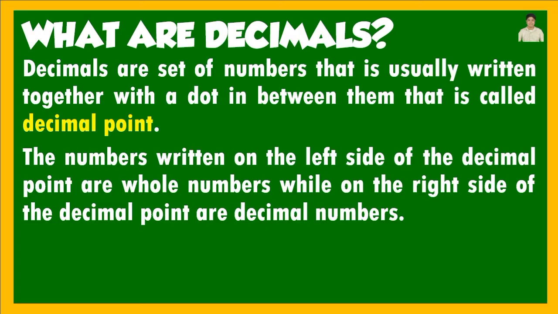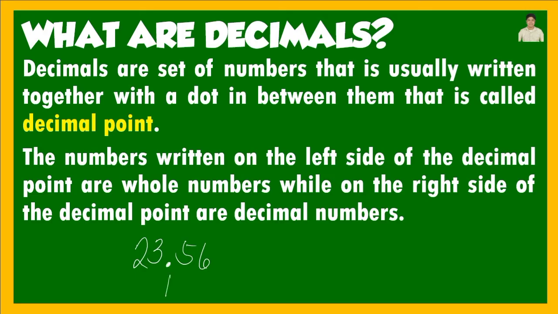For example, we have 23.56. This decimal number is read as 23 and 56 hundredths. As you can see, meron tayong decimal point.